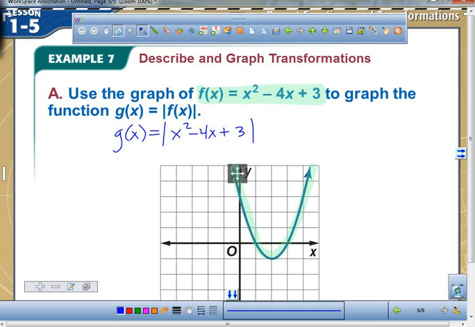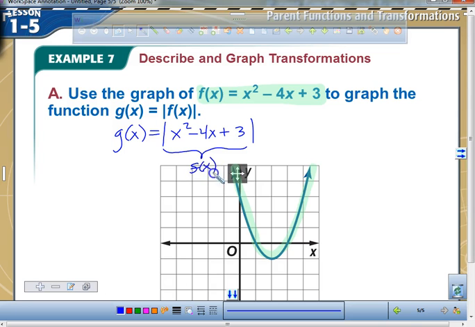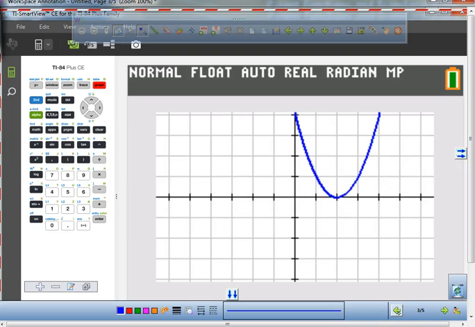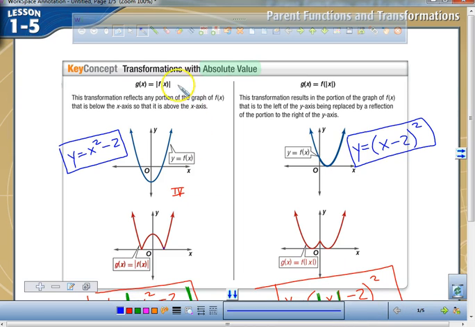The first one or the second one? If I put the whole thing inside of absolute value, go back, take a look. We're dealing with this one right here. So what's going to happen? Just this portion is going to go above the x-axis. Let's go back there and check it out.